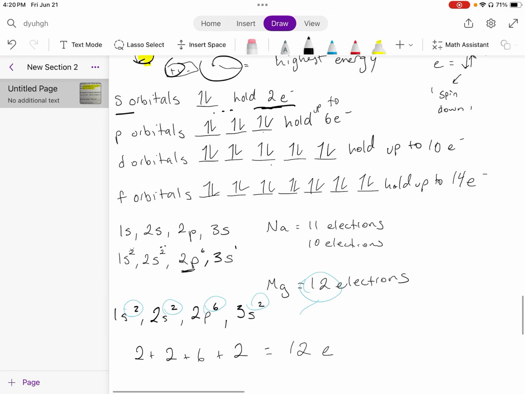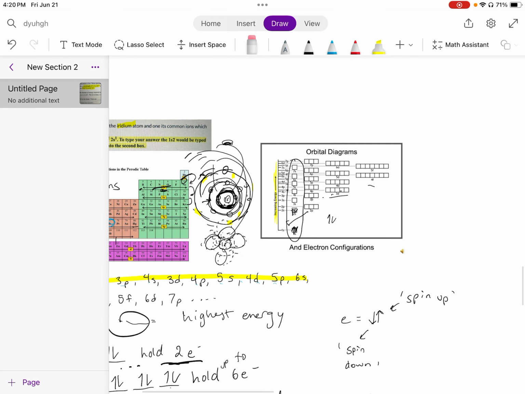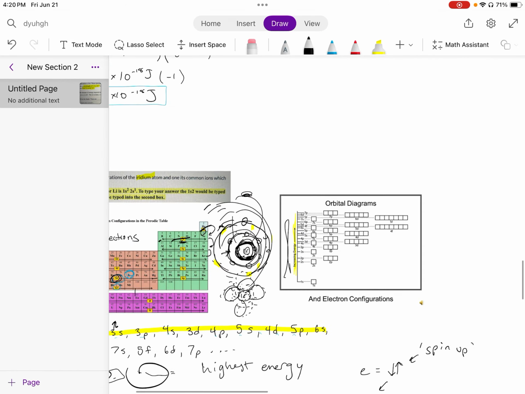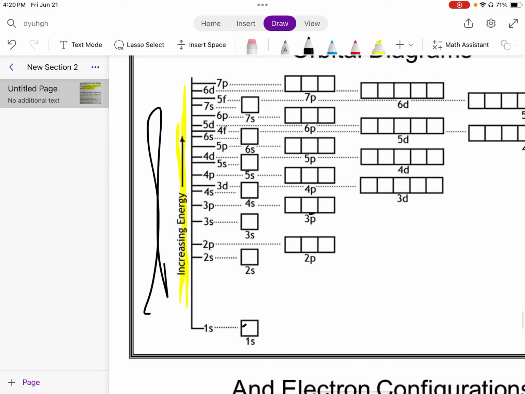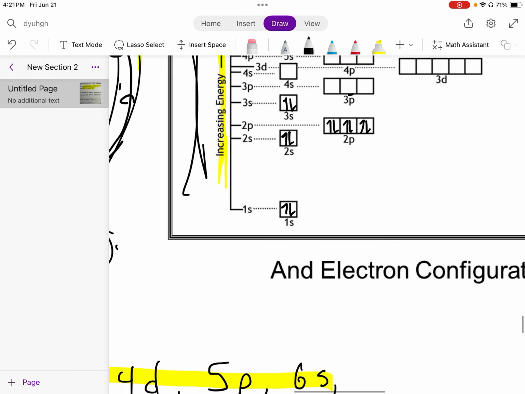And again, if we were to do that filling up, which I don't know if you will ever have to, but just to visualize it in terms of increasing energy, remember, 12 electrons. So for magnesium it would be 1, 2, 3, 4, 5, 6, 7, 8, 9, 10, 11, 12.